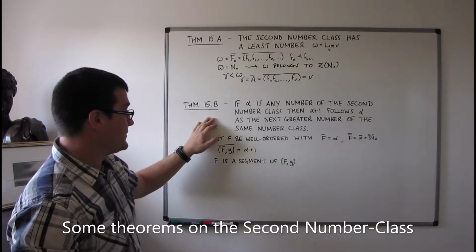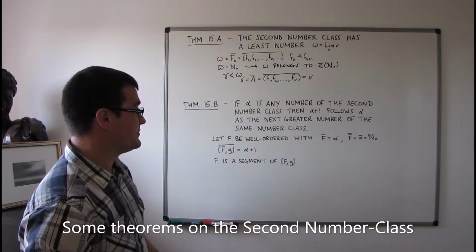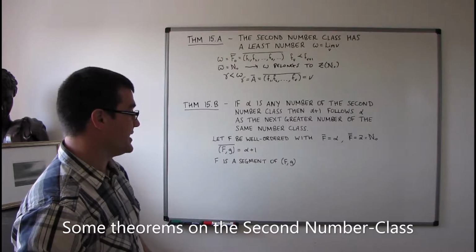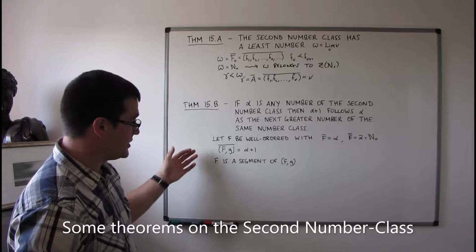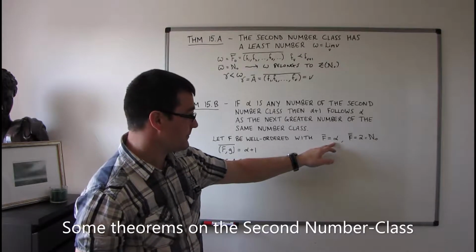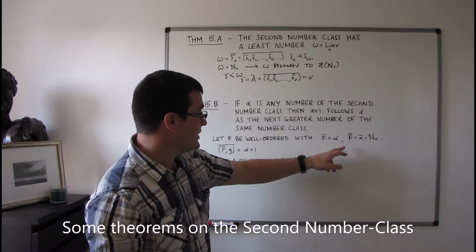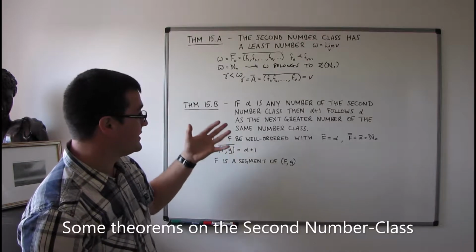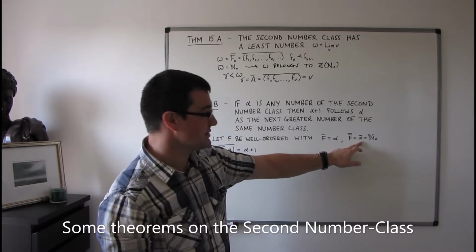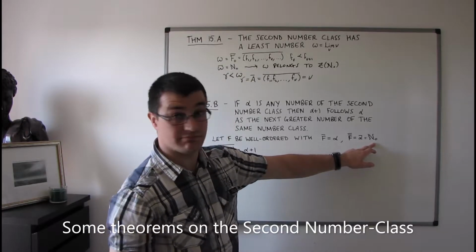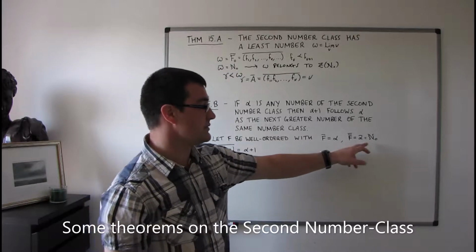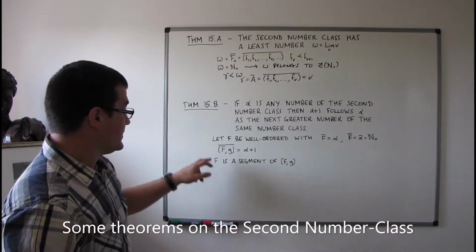Theorem 15b. If alpha is any number of the second number class, then alpha plus 1 follows alpha as the next greater number of the same number class. So let's take f to be a well-ordered aggregate with ordinal number alpha. With alpha being a number of the second number class, the cardinal number of alpha is going to be Lf0 by definition, which means that the cardinal number of f is also Lf0.